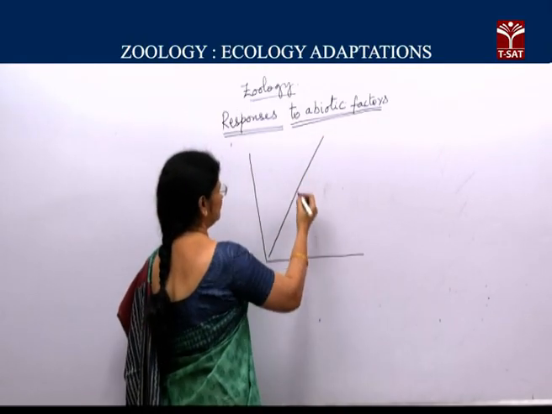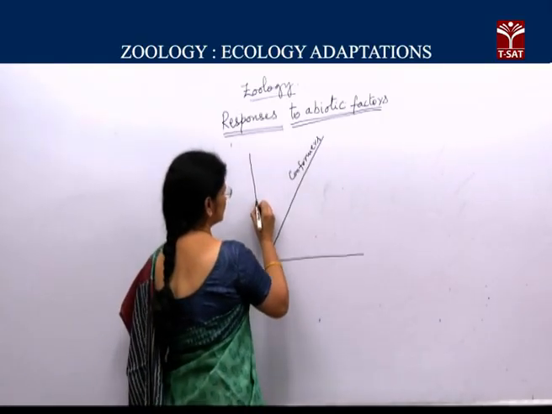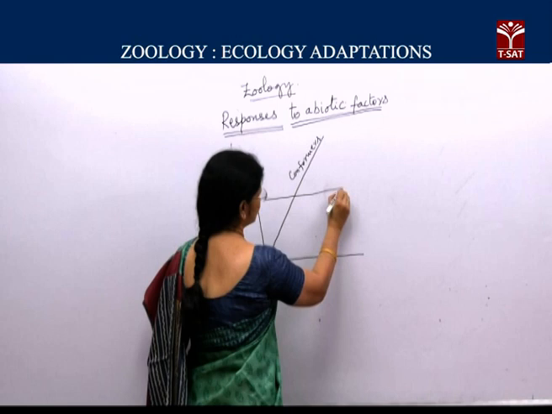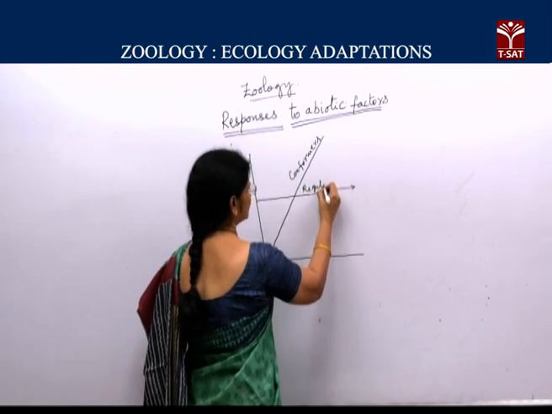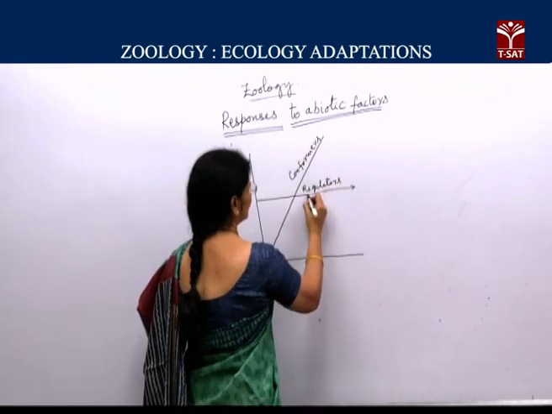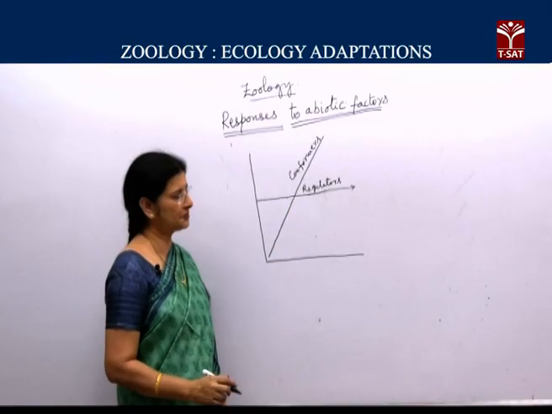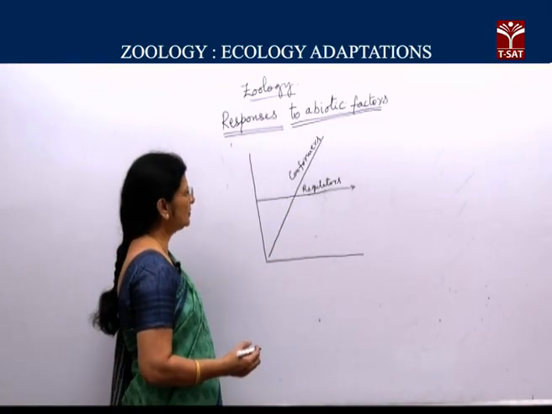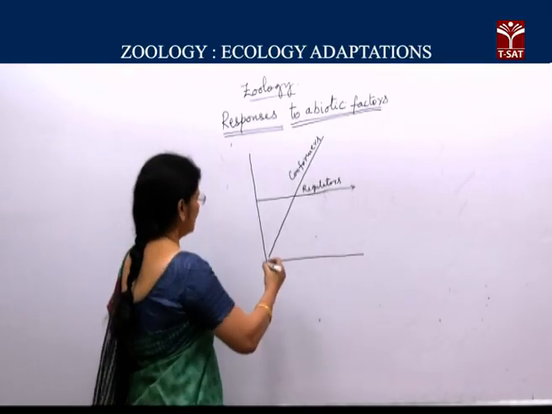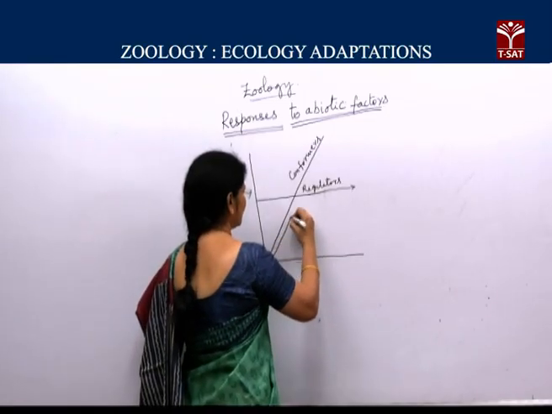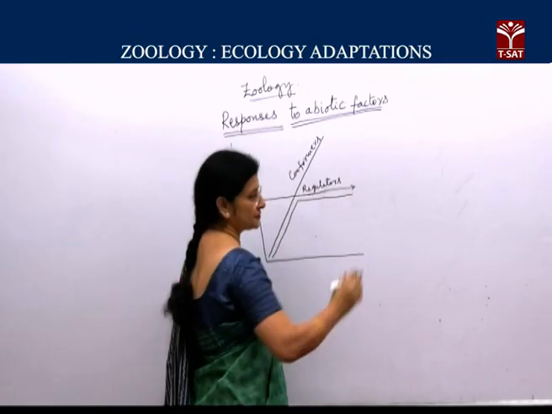These are conformers. And some of the organisms are regulators, like mammals, birds and all. They always maintain their internal environment. And some organisms like camels conform to some extent. After that, they regulate.